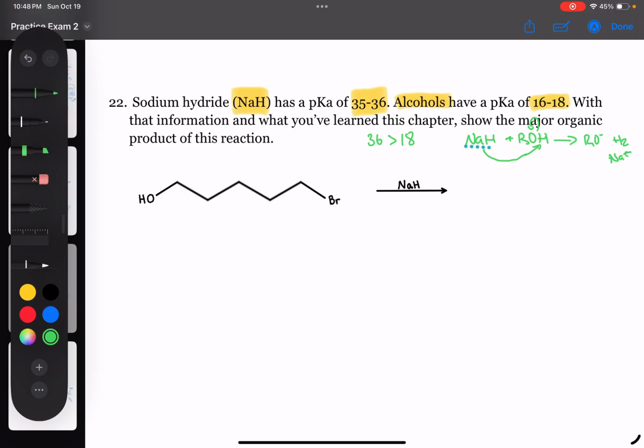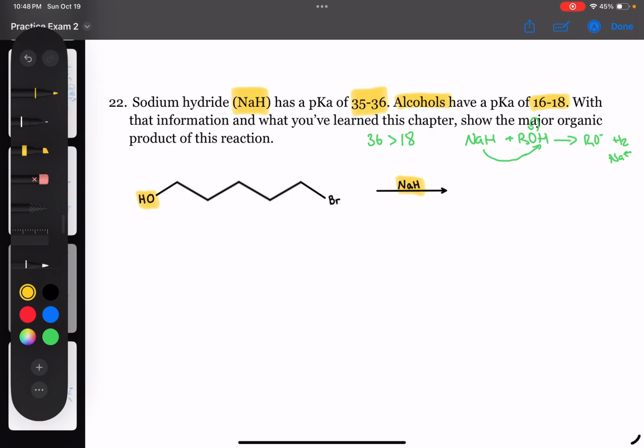Okay, so now that we know that, we can apply it to our problem. What we see first here is that we've got an OH and we have an NaH. And like we just said, when we have an NaH and any type of alcohol, we're going to get that acid-base reaction going on.